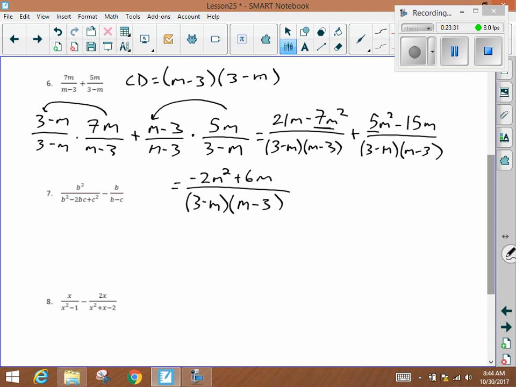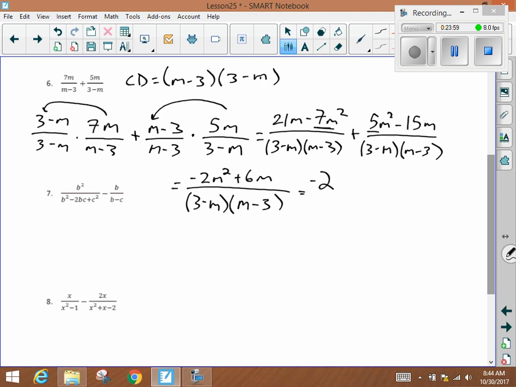Now, look at my numerator. Look at it. Look at him. It's about to cry. No, it's not true, but it's factorable. I could factor out a negative 2m, couldn't I? I'm going to do it.